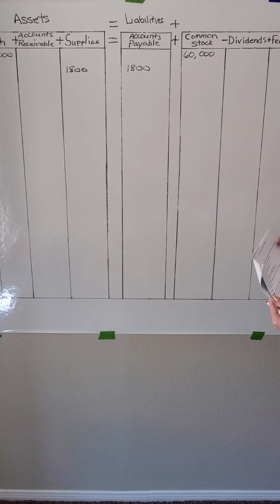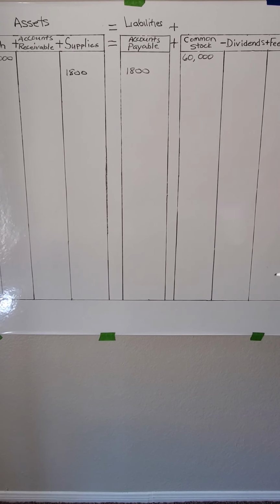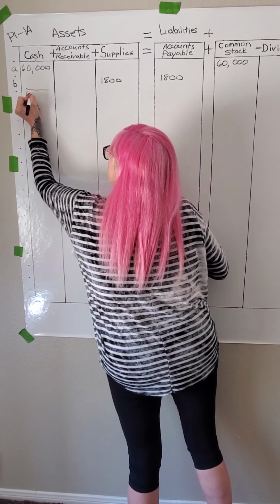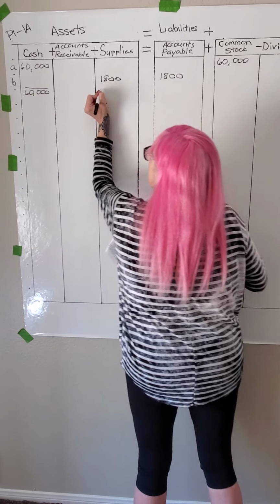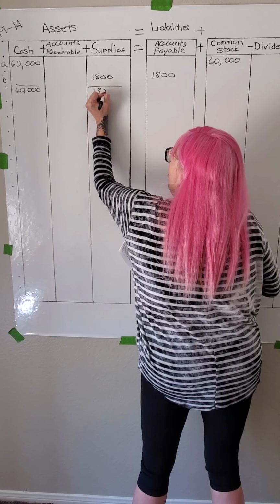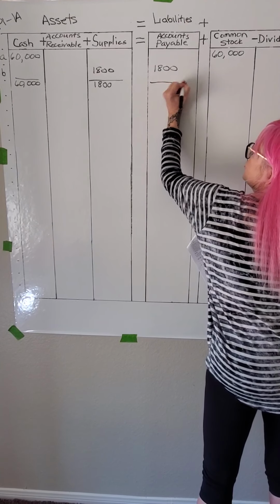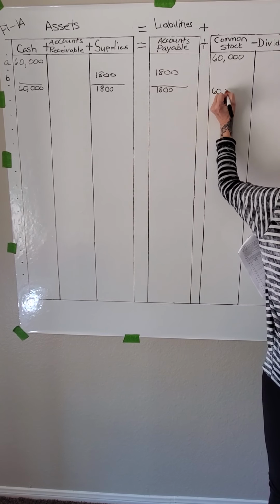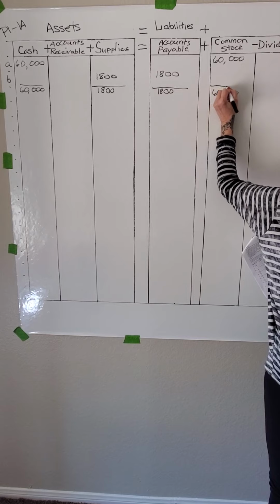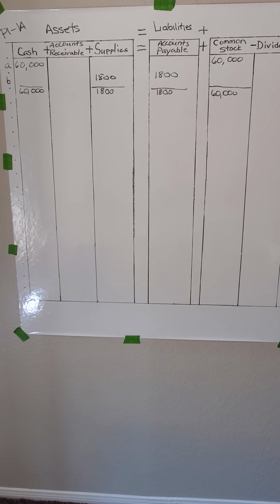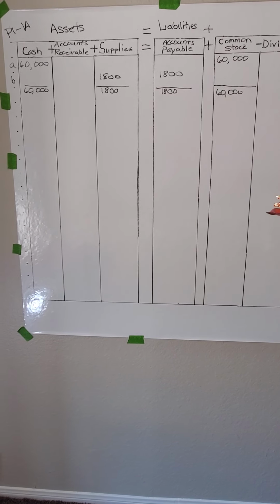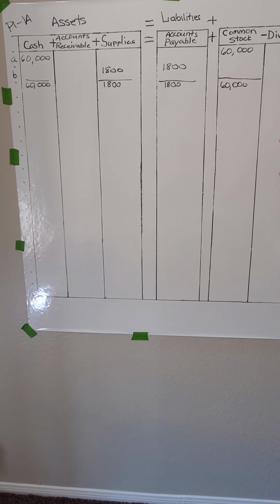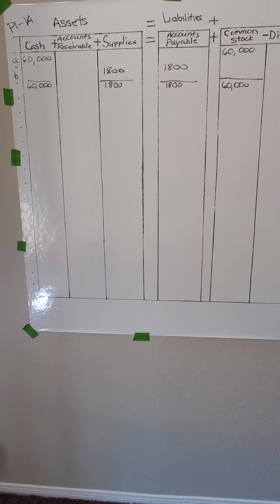The problem wants us to give you the balance after each transaction. You'll always bring down all the account balances and make adjustments if you have to. So again, we have $61,800 in assets, and we have $61,800 in liabilities and owner's equity.